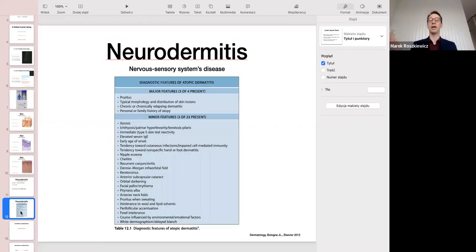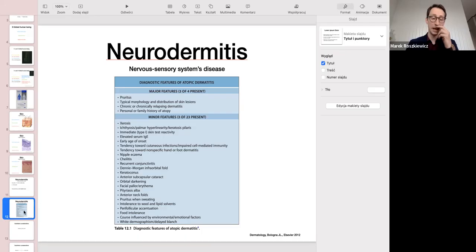Of course, we would be able to talk about all these different criteria that are connected with atopic dermatitis, but what is most important is that it makes skin itchy. It has its typical locations, and it's a chronic disease.